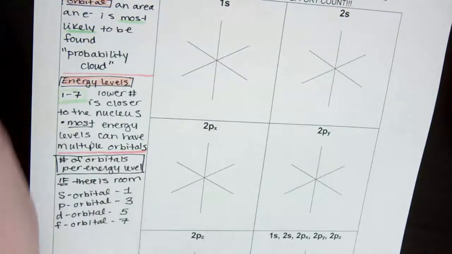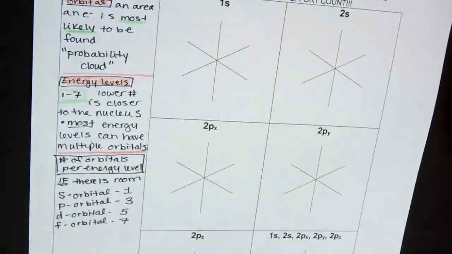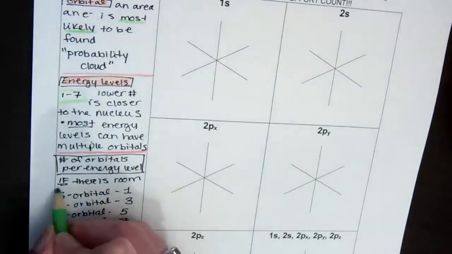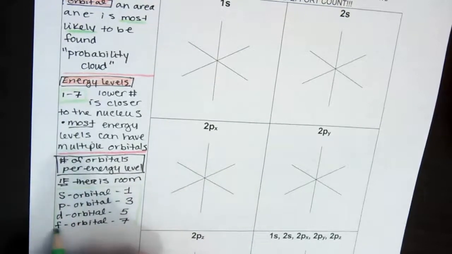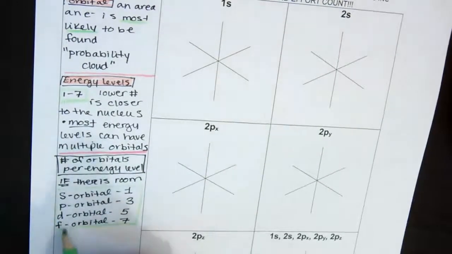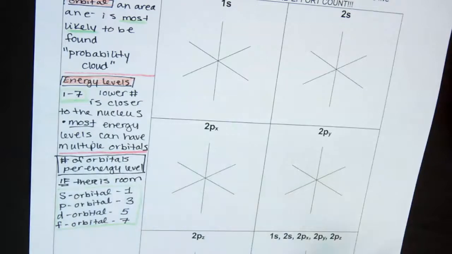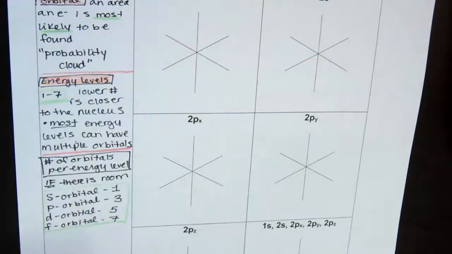Someday maybe they'll find out there's more than that, but for now that's what we're going to use. The names of these orbitals are funny because the names are just letters: S, P, D, F. Kind of funny that we name them, but those are these.